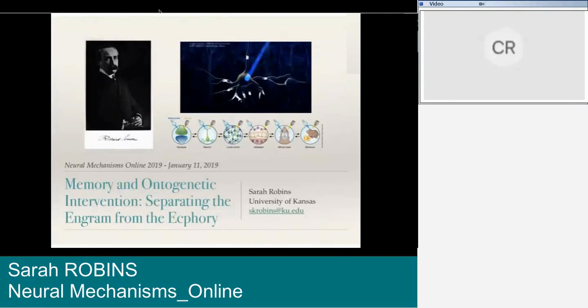Here's the alternative: maybe it's a new engram being formed using the same neural resources. I'm being philosophical, I'm pushing you on the definition of engram. But if you say that, then when the mouse returns to the original chamber, it is at least possible that it's a problem of retrieval. It's a problem of ekphory, not a problem of the engram itself.